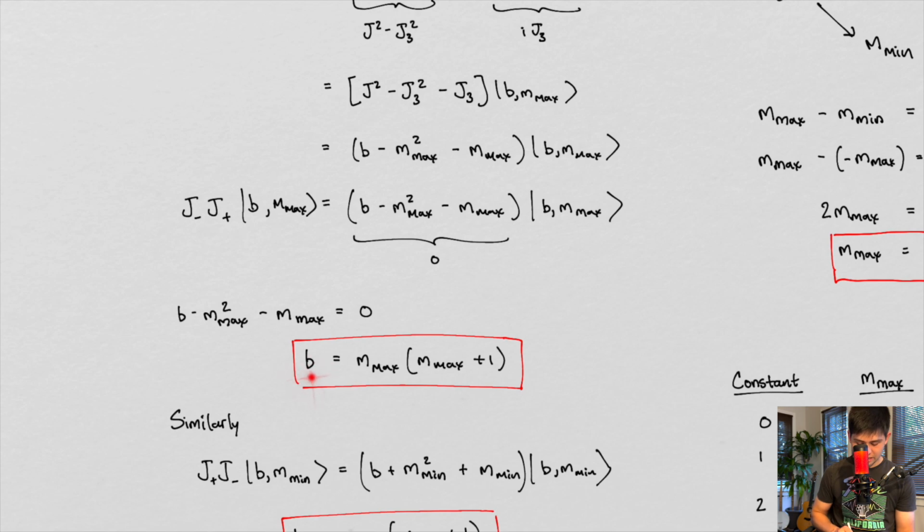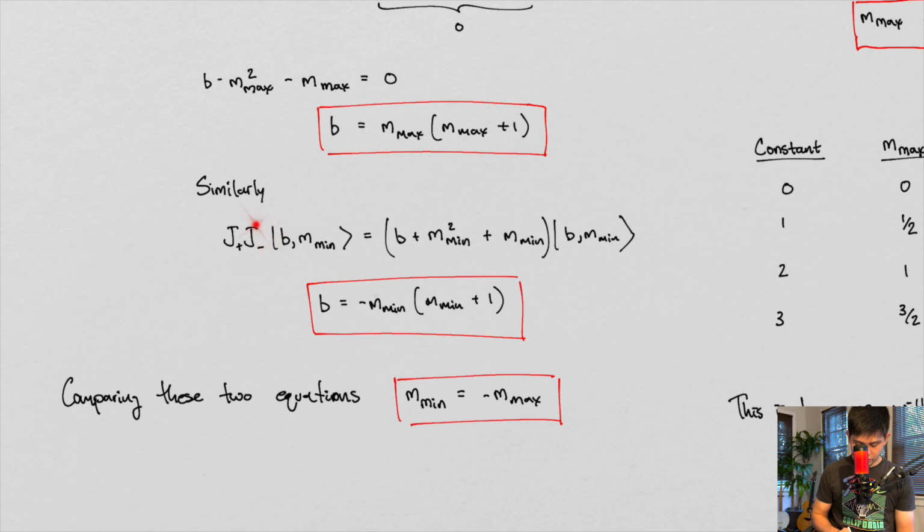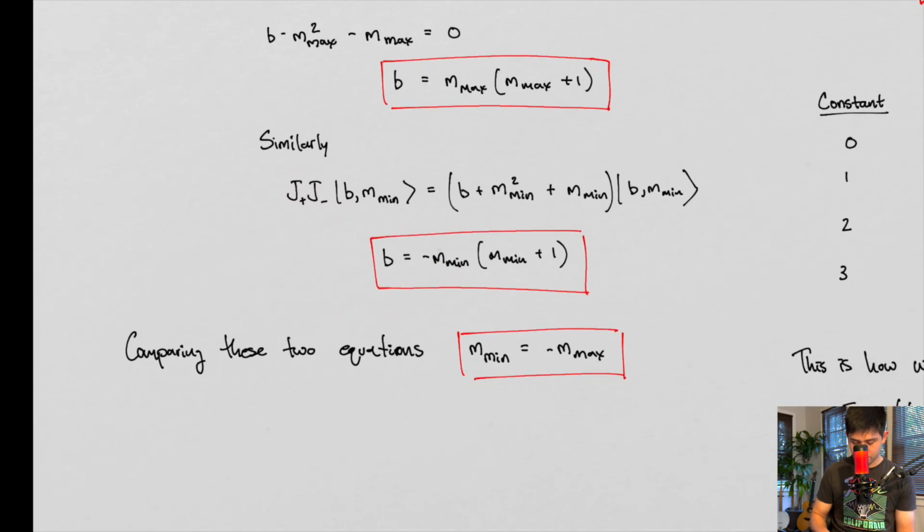We find that b equals m max times m max plus 1. Similarly, we do this, right? We swap plus and minus, and you can do this for yourself, but b is going to equal the negative of m min times m min plus 1. Okay? So comparing these two equations now, if we set b equal to b, which we can do, we see that m min is the negative of m max.